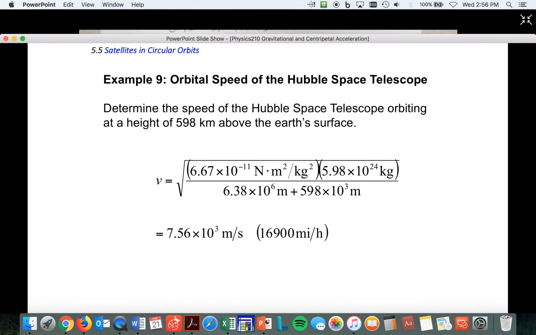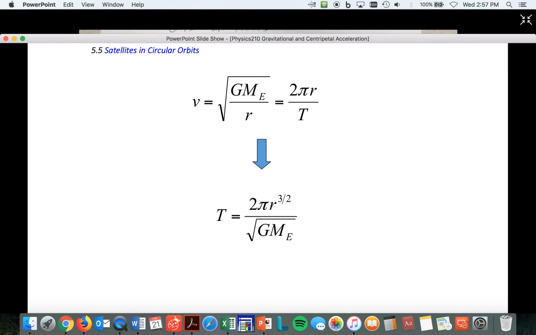Now we've got to figure out what the radius is of a satellite that is in geosynchronous orbit.